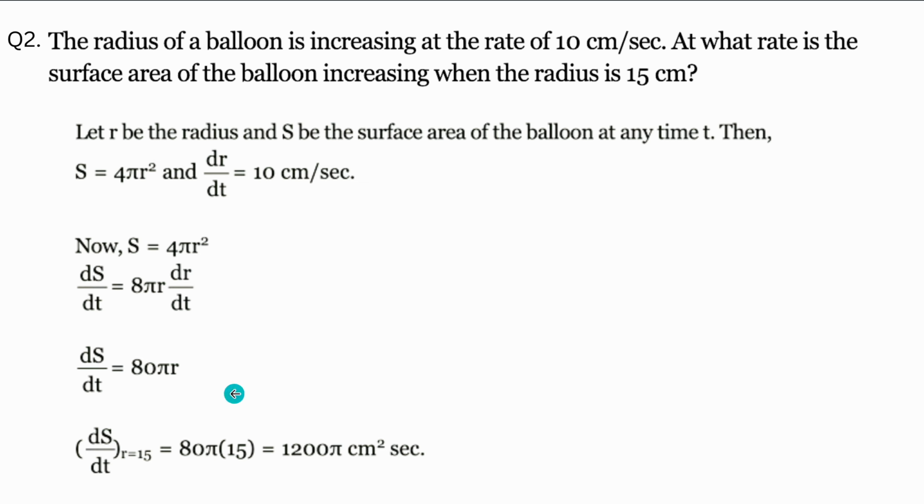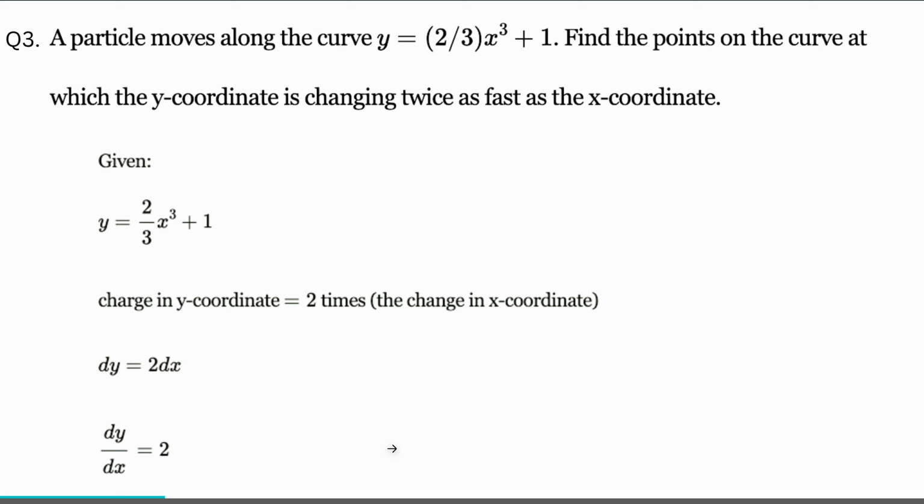Now we need to find the rate of change in surface area with respect to time when the radius is 15 centimeter. So we substitute the value of r, and that makes it 80 pi into 15, which gives us 1200 pi centimeter square per second. This is the answer. This is per second, please note that.